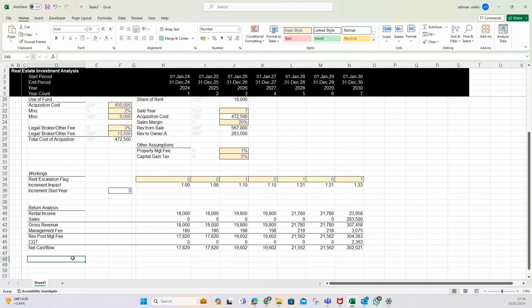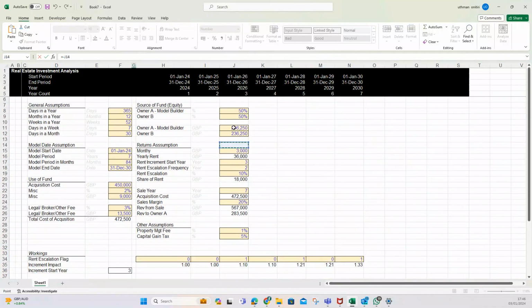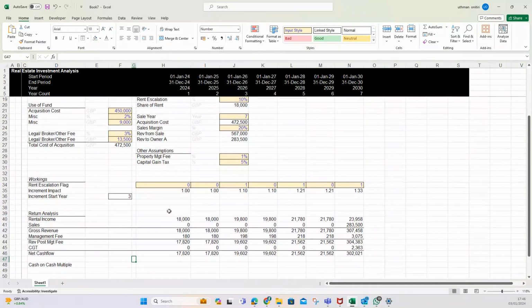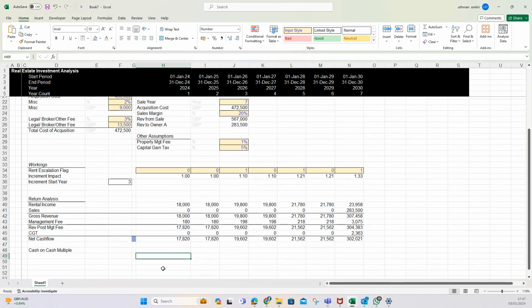So let's just do some return analysis to see cash on cash multiple. To do that, we need to have in negative terms the amount that was invested in this deal, which is 236K. I can shade that just to signify there's something worthy of checking there. All right.